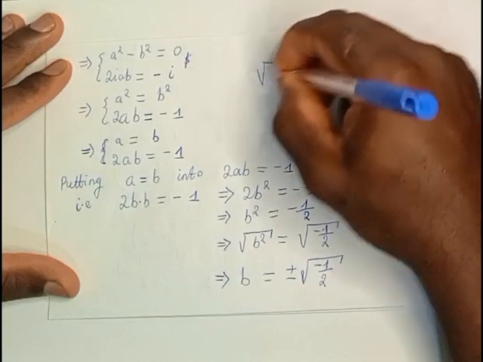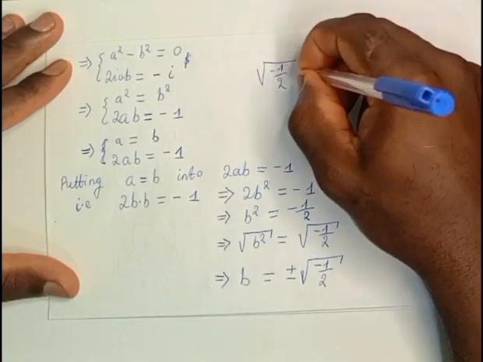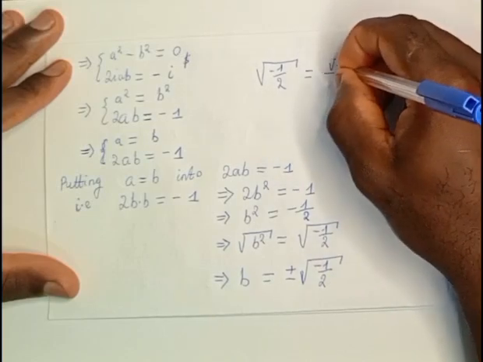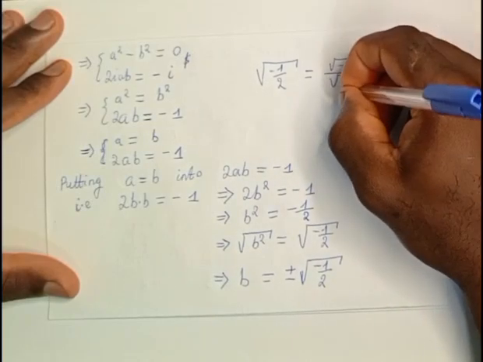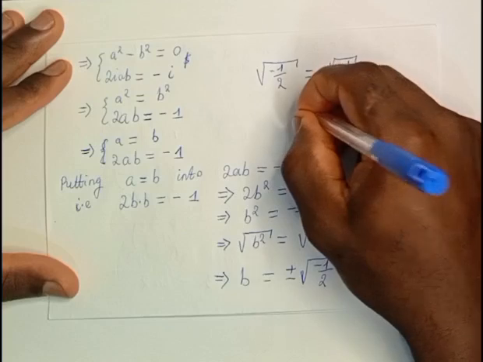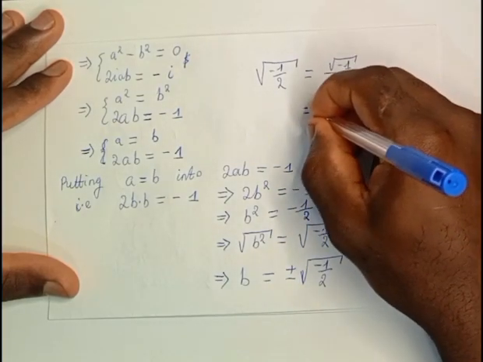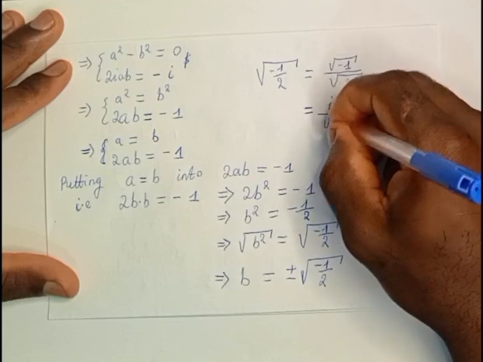The square root of negative 1/2 is simply the same as the square root of negative 1 over the square root of 2. This will simply be equal to the square root of negative 1, which gives us i, over the square root of 2.